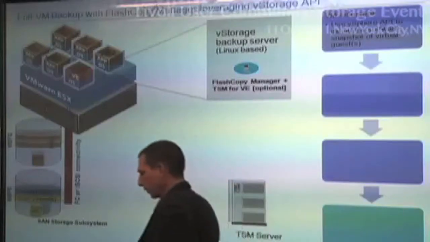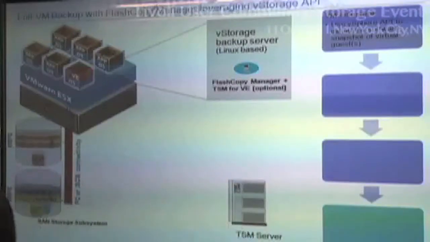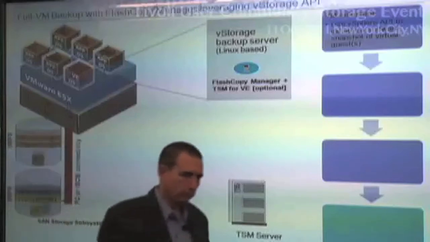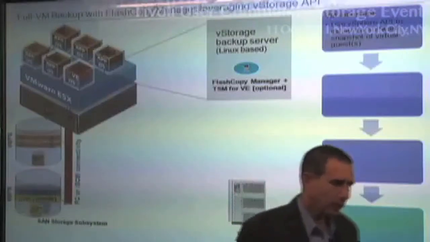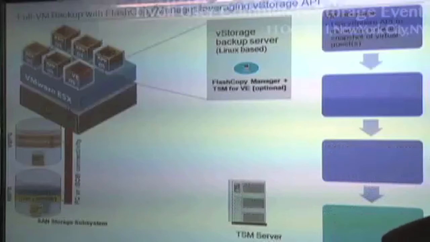The other thing we're introducing is support for VMware, treating that as an application. So how does that work? The initial step from a Flash Copy Manager perspective: go back to the vCenter UI, where the VMware administrator went in and said, I want to back up VM1 and VM2. That's all I want to back up.